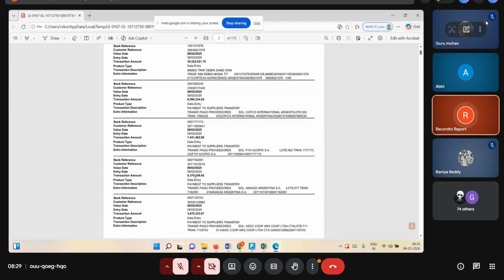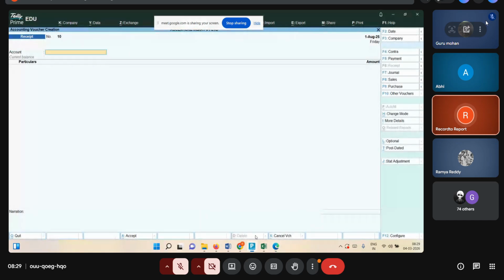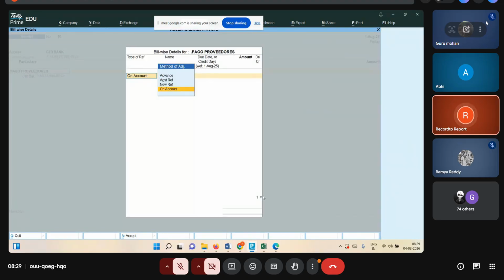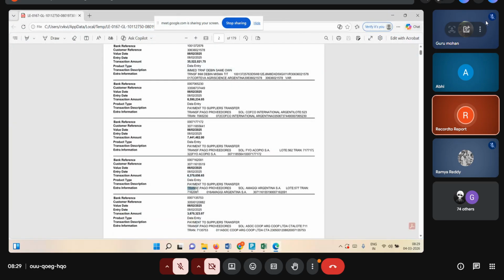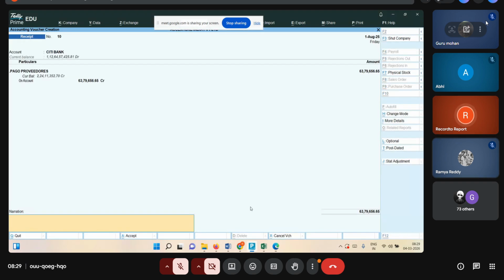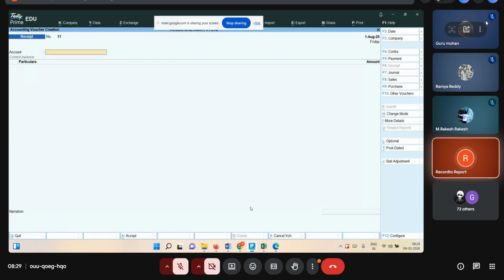the same customer. We are receiving the money, guys. No need to create the ledgers again. Citibank. Your providers on account. Save it. And here, if required, you can add this description, guys. Many transactions with different lines.